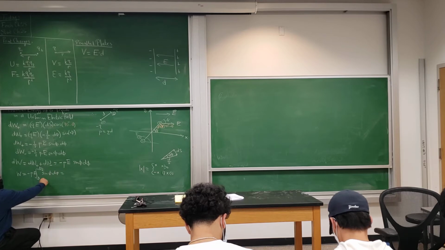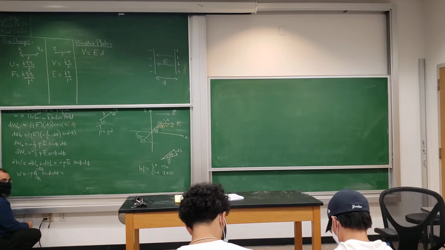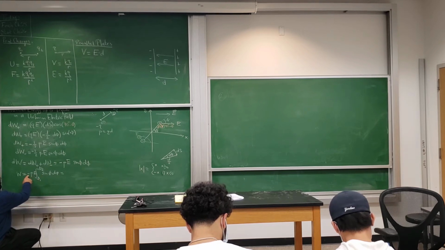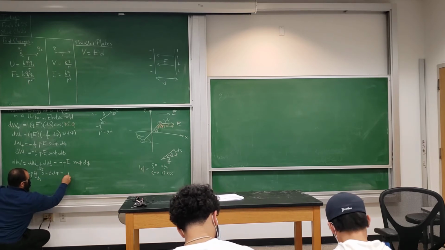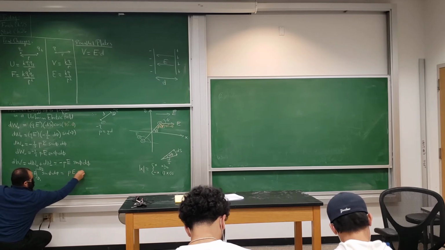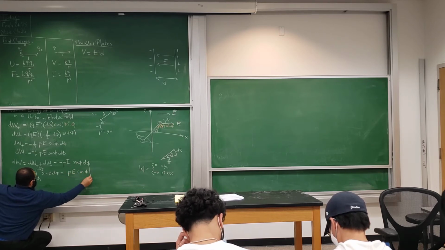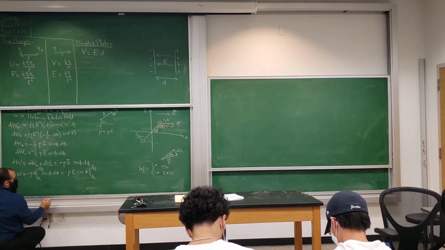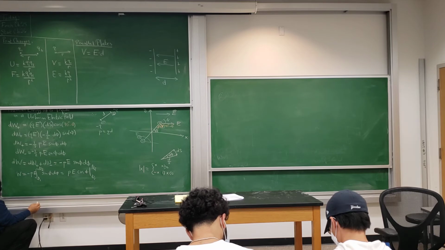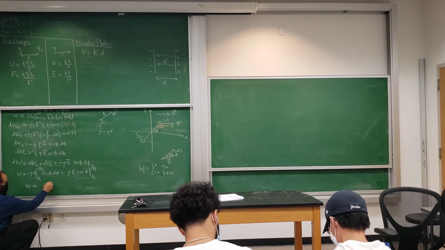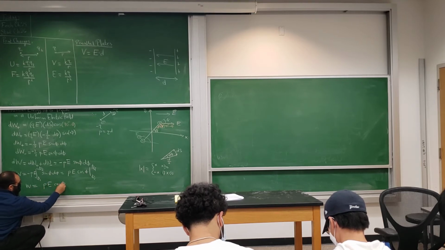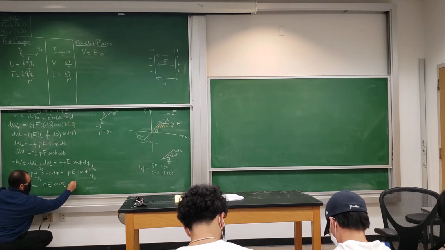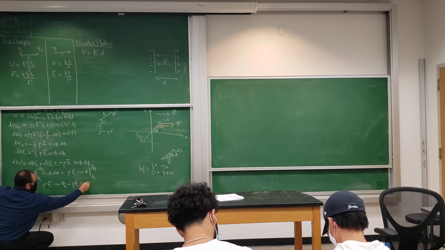What's the antiderivative of sine? It's minus cosine, because the derivative of cosine is minus sine, right? So it's minus cosine, but I have a minus sign here, so it becomes a plus, so it becomes PE times the cosine of phi evaluated between phi initial and phi final. So you got W will be PE cosine phi final minus PE cosine phi initial.